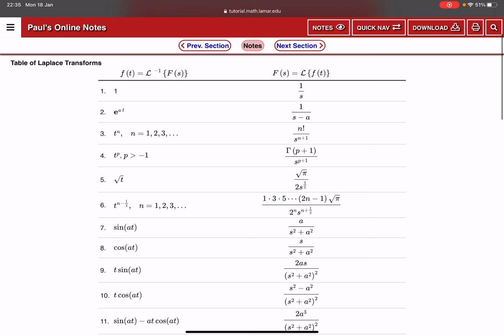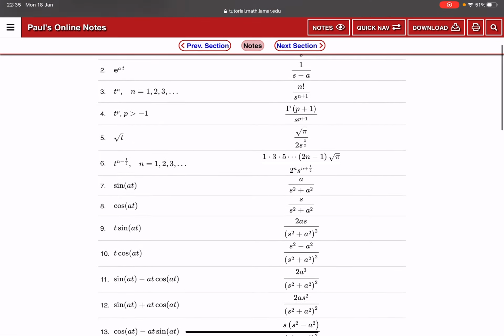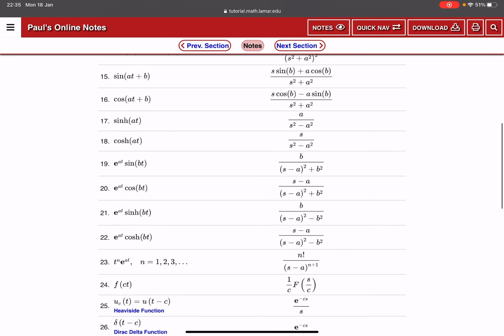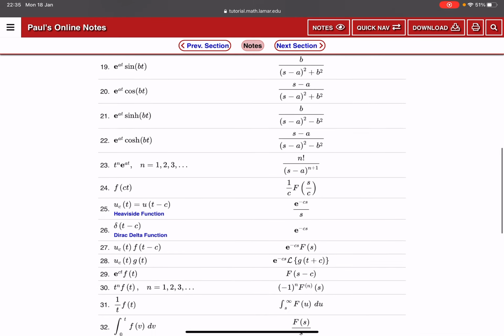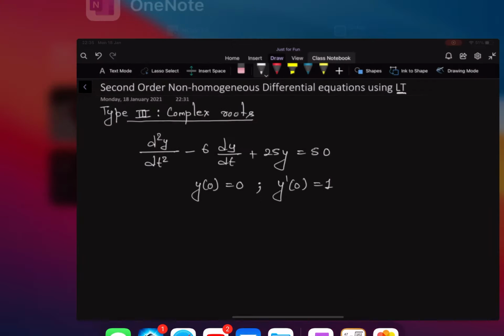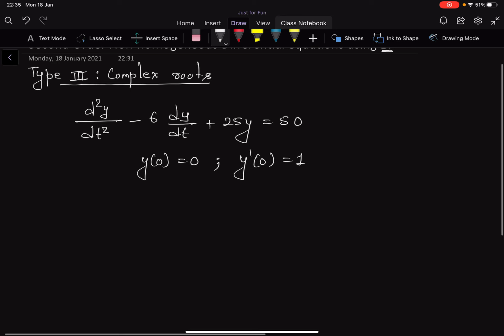Today I'm going to use formula number 1, and later on formula numbers 19 and 20, and also formula numbers 35 and 36, which I'm going to show you in a minute. So let's do the solution.